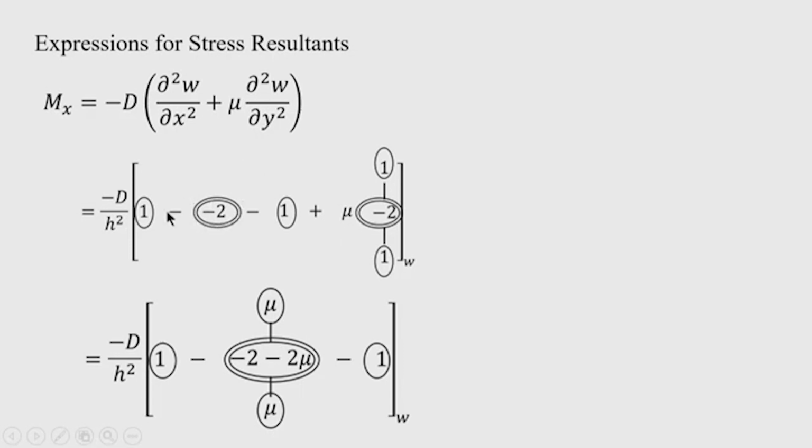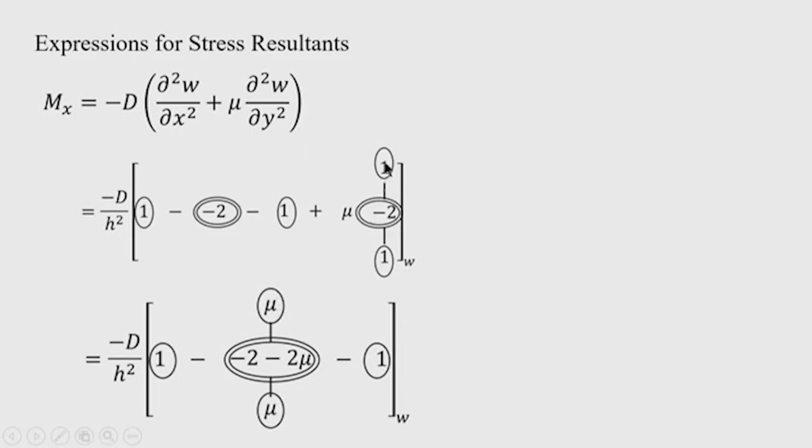Now, after adding, because there is a plus sign, you are getting centrally this minus 2 into mu. Then this mu has to be multiplied with all the coefficients in the difference form of del square w by del y square.